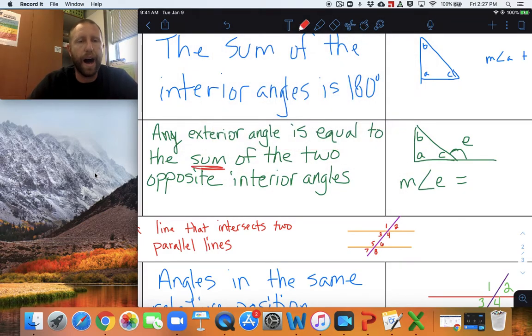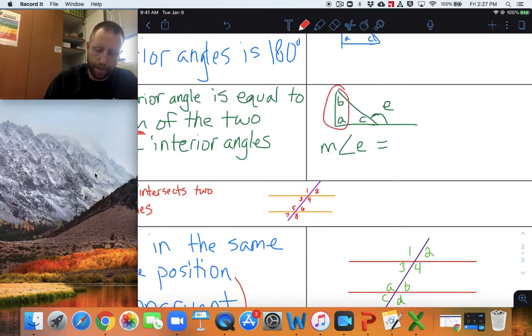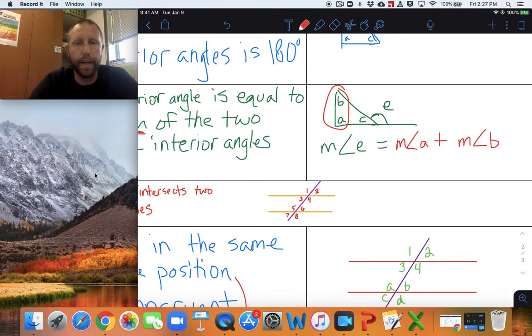So the two opposite interior angles, so it's not C. C is the adjacent angle. I want the two opposite angles, so it would be A and B. It's equal to the measurement of angle A plus the measurement of angle B. Okay, those two things are equal. That exterior angle is always going to equal the two opposite interior angles added together.